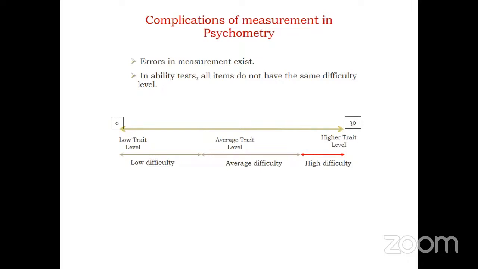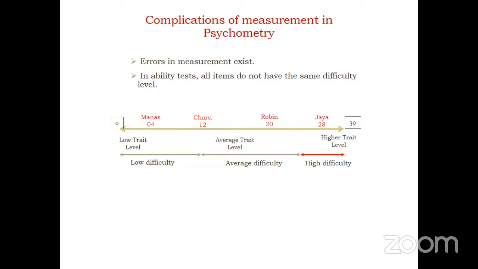Now consider 4 different persons. We have Manas, who got a total score of 4, suppose. We have Charu, who got a total score of 12. We have Robin, who got a total score of 20. And we have Jaya, who got a total score of 28. Now, what is the difference of score between Manas and Charu?